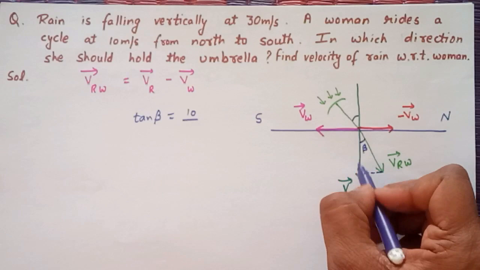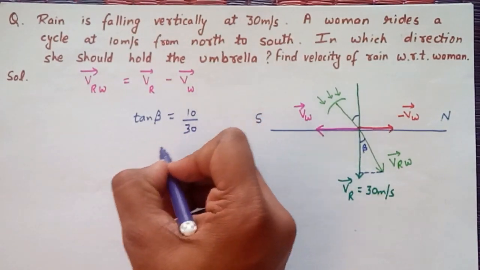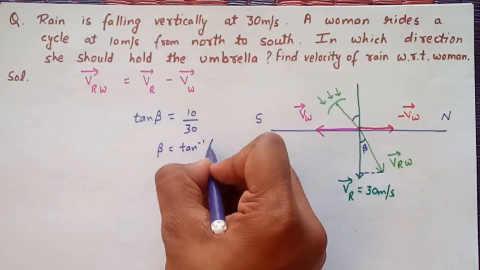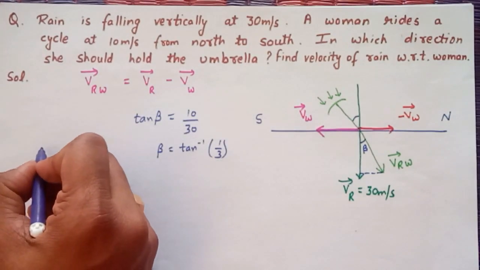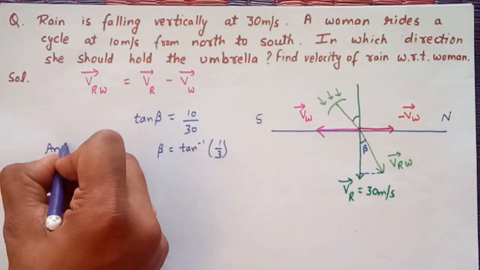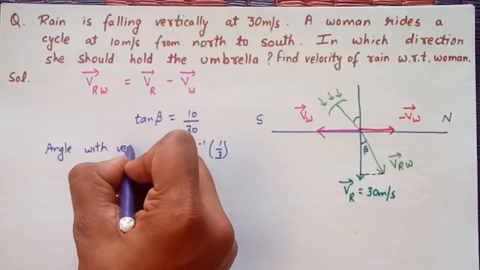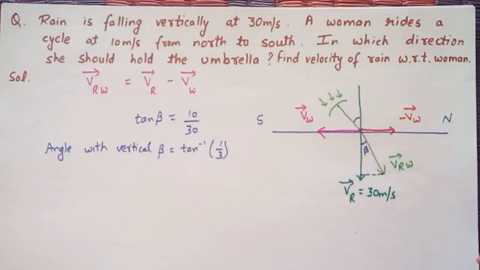This one will be the base, the velocity of rain, and this one is 30. So beta will be tan inverse 1 by 3. This is the angle with vertical, meaning at this angle the woman should hold her umbrella.